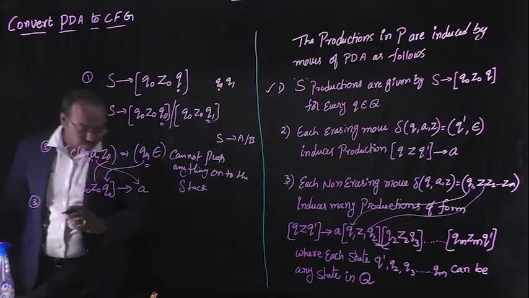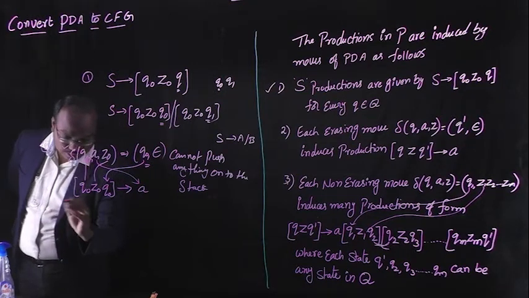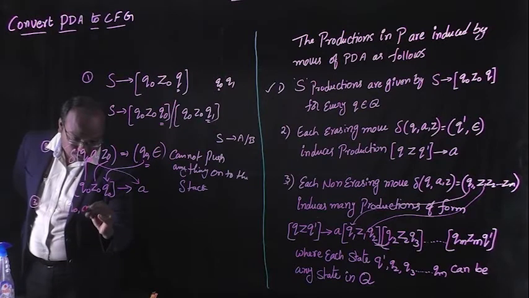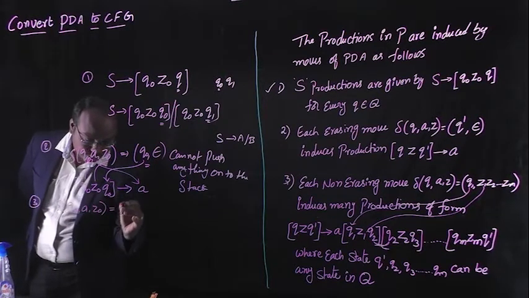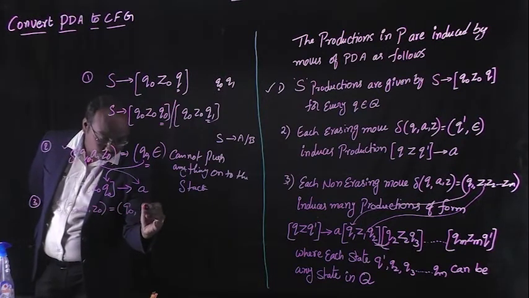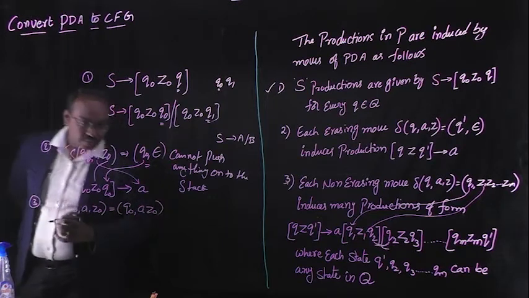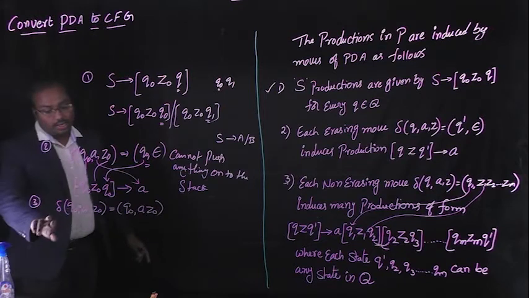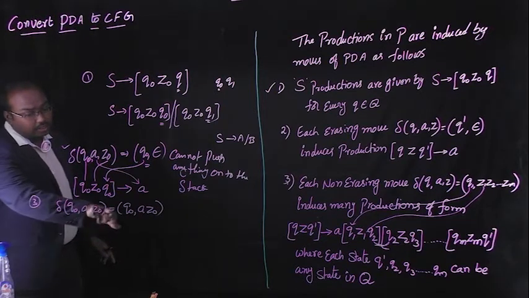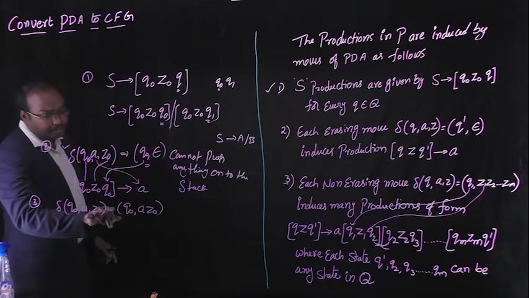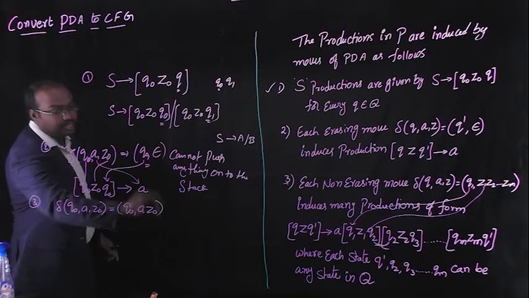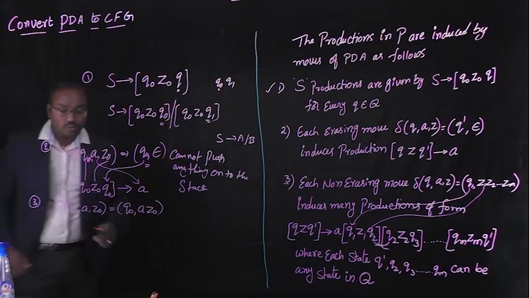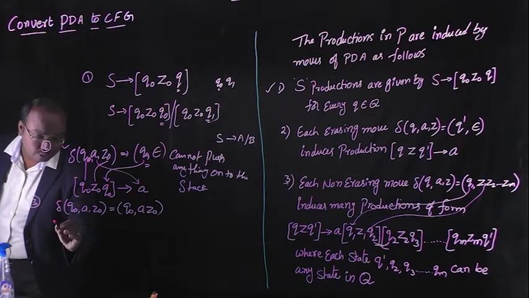For example, I can take the transition function like delta(q0, a, Z0) = (q0, aZ0). For example, I am taking the transition function like this. So delta(q0, a, Z0), I am pushing the element a onto the stack, that means aZ0. So here I am pushing the element onto the stack. So then how to write the production for this transition function?